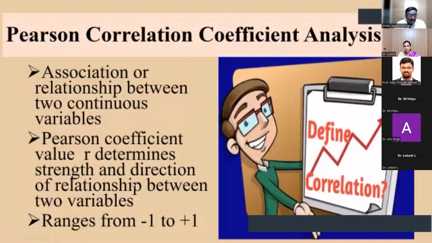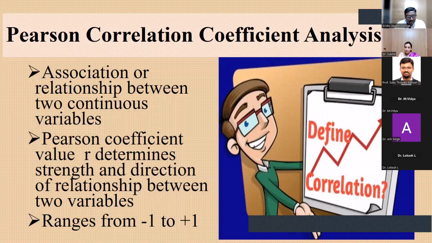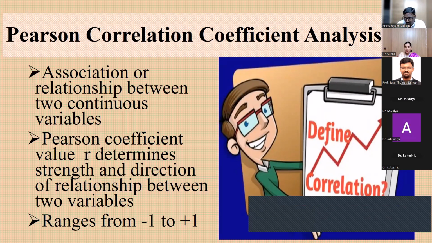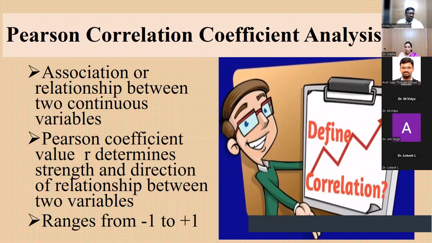So this Pearson correlation value determines the strength of the relation. How about the relationship between the two variables?